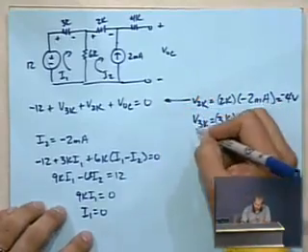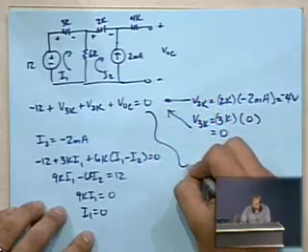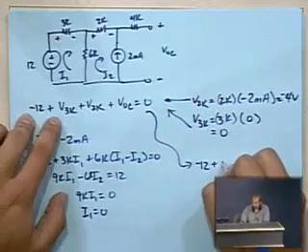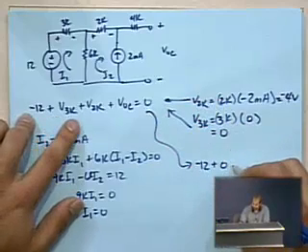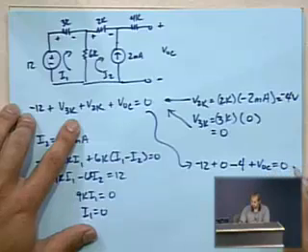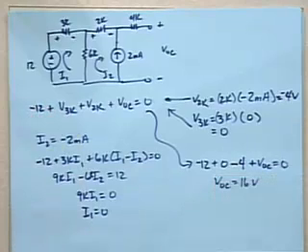Plug this and this back into that equation, so we get, bring it down here where we've got some room: negative 12 plus 0 minus 4 plus VOC equals 0. Solve, and we say VOC equals 16 volts. That happens to be exactly what we got the first time when we did it in 2 steps.